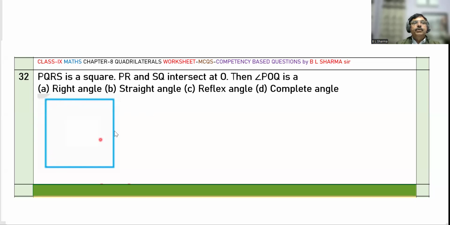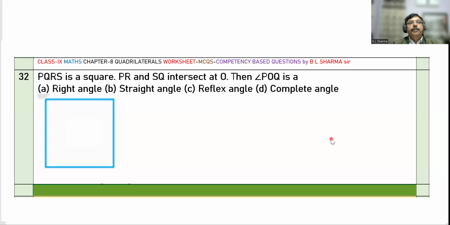PQRS is a square. PR and SQ are diagonals that intersect at O. Then what about angle POQ?